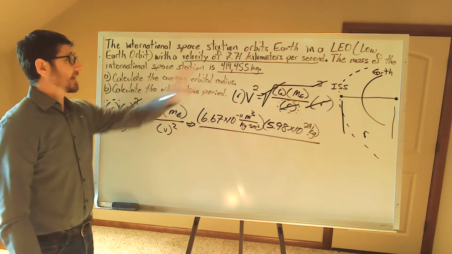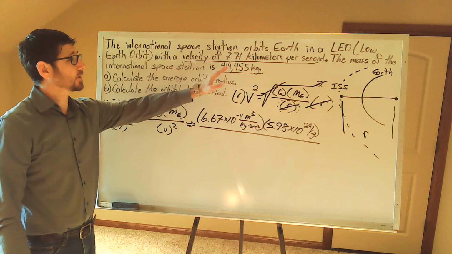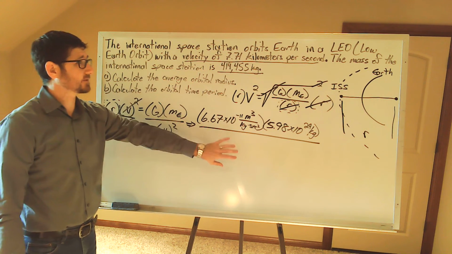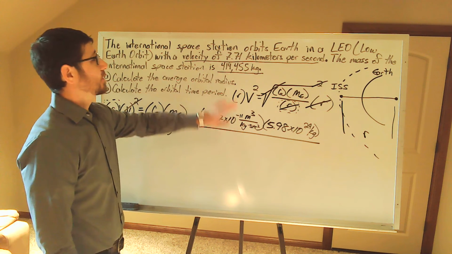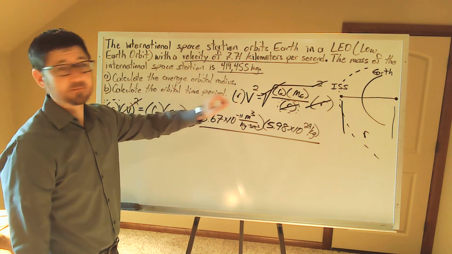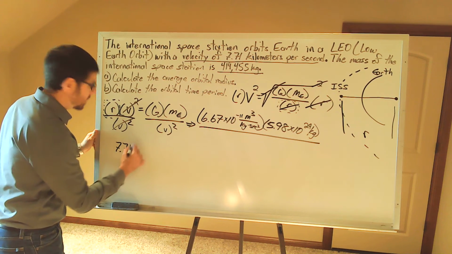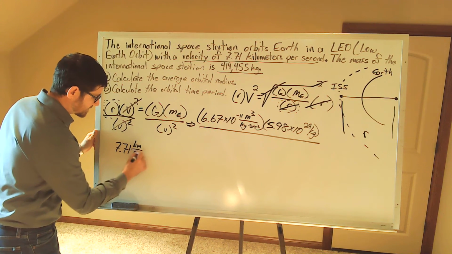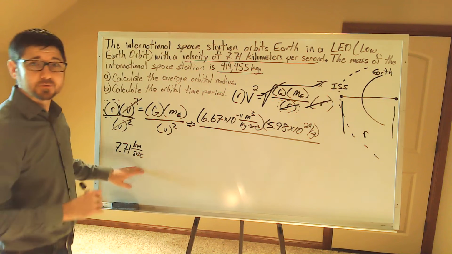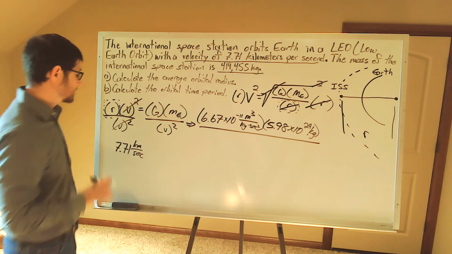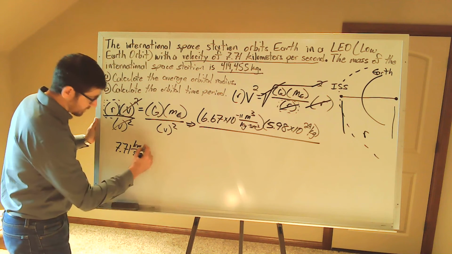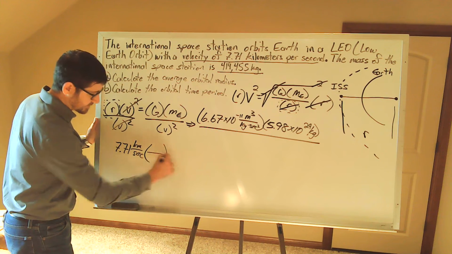Now, we cannot put 7.71 kilometers per second in our denominator here because we need to convert it to units of meters per second. So I have 7.71 kilometers per second. What we're going to do is use some dimensional analysis to convert from kilometers per second to meters per second.